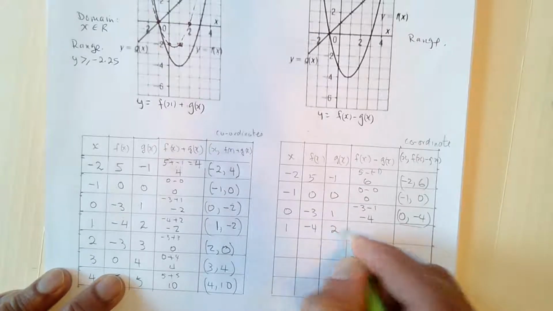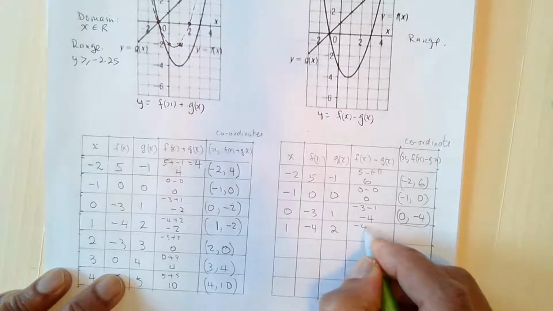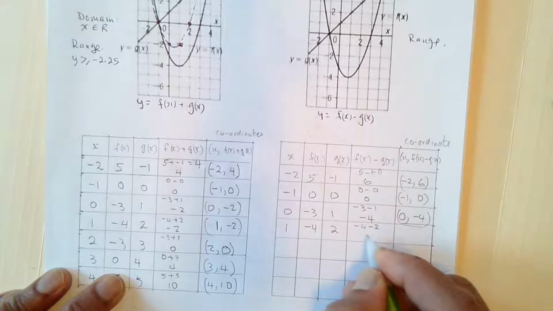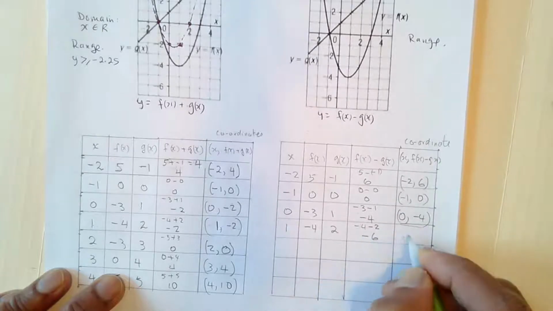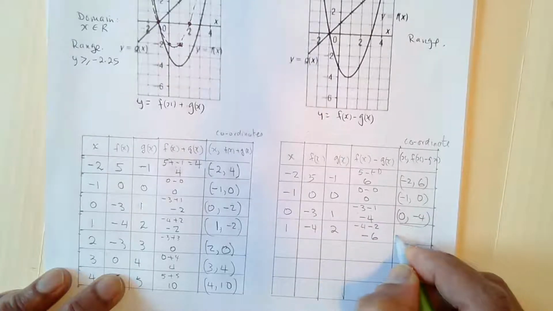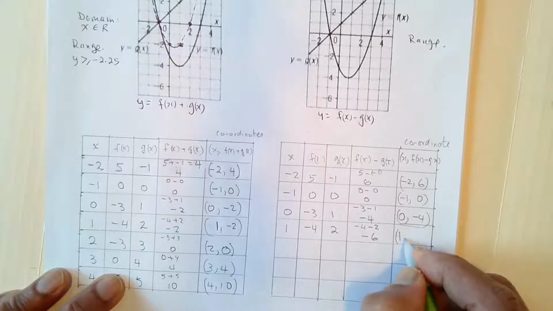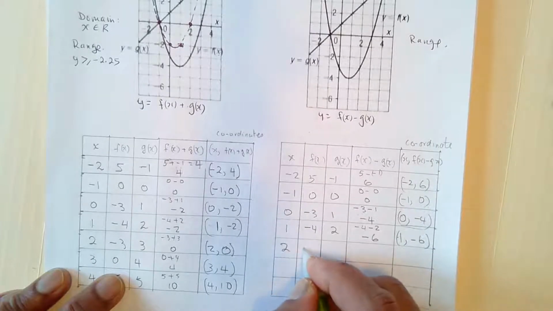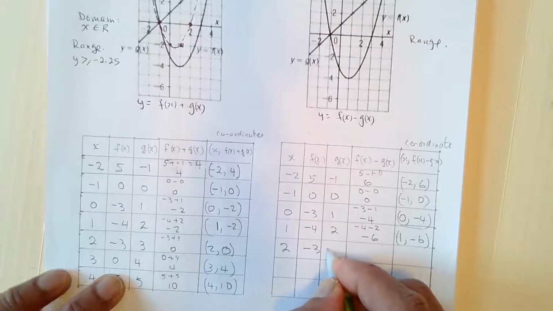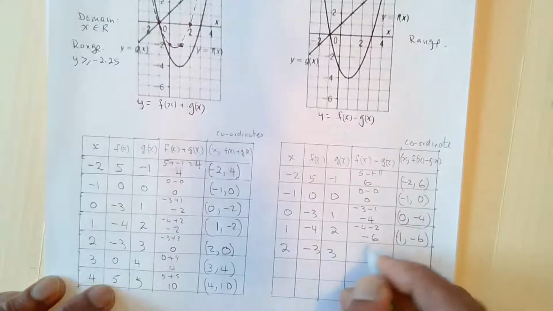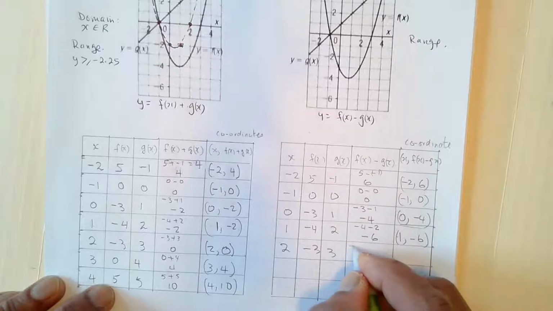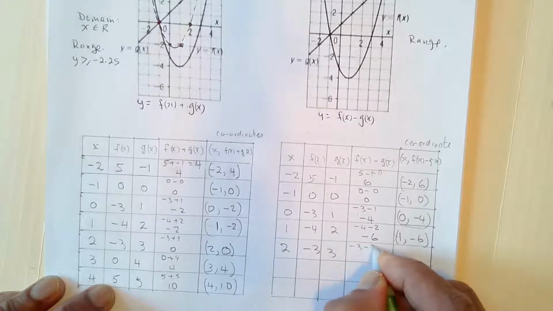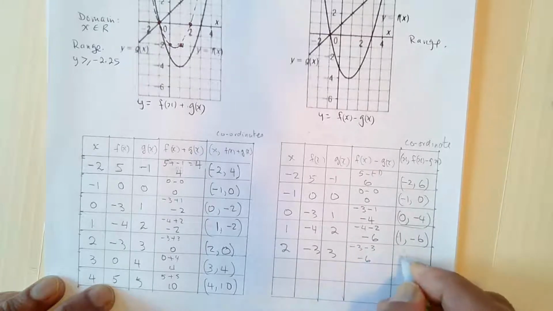4, 2. So -4, -2 gives me -6. So 1, -6. 2, -3, 3. So we have -3, -3 gives me -6.